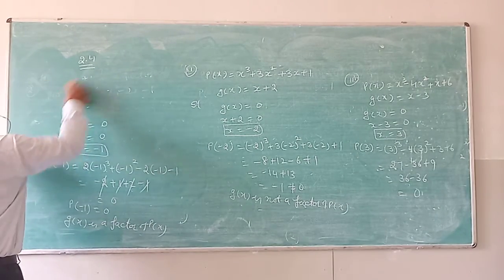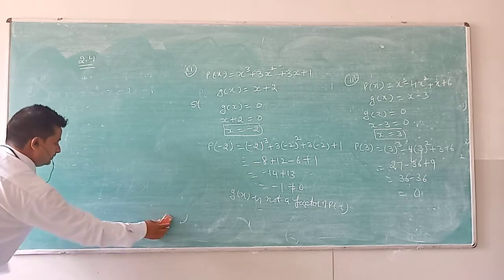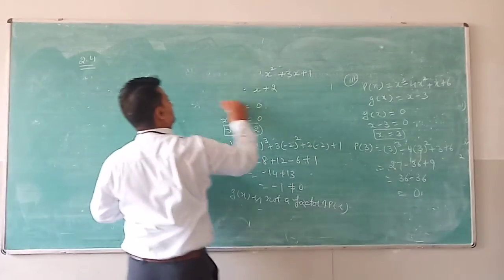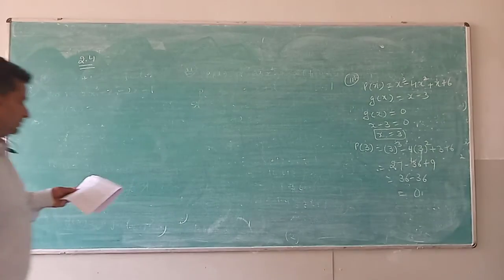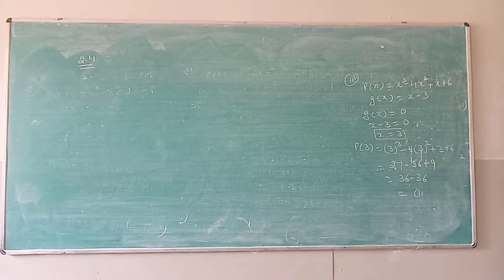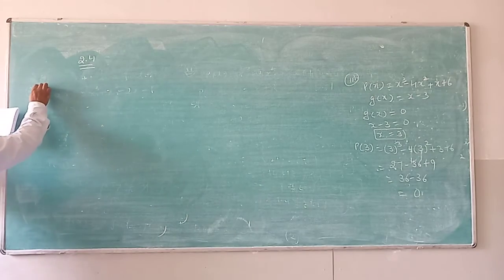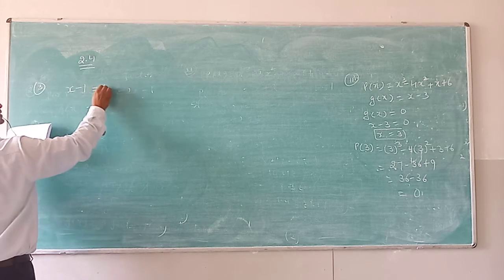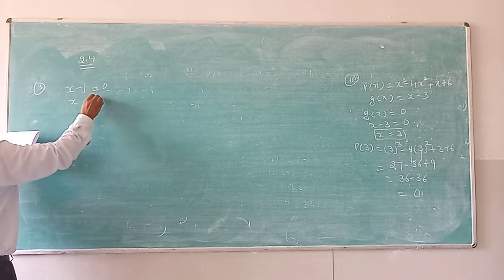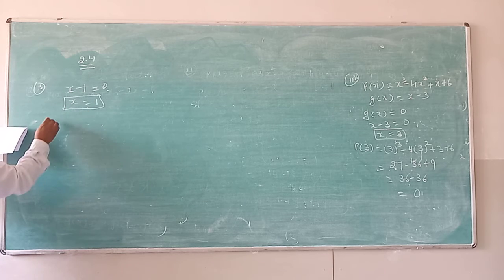In the third question, the statement is to find the value of k so that x minus 1 is a factor. If x minus 1 is a factor, then we put x minus 1 equals to 0, that's x is equal to 1.